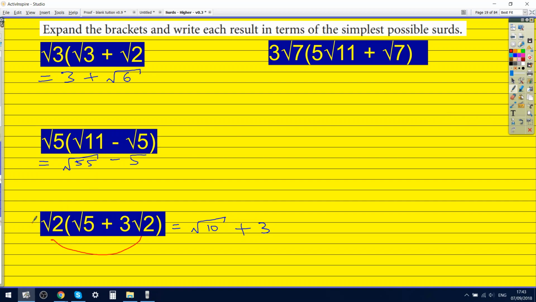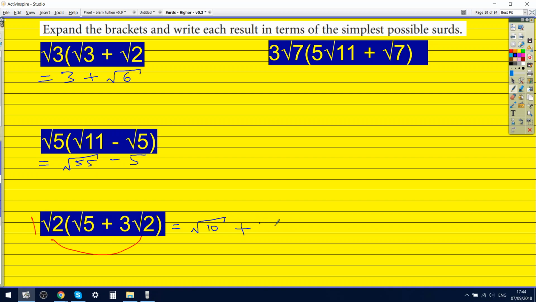Root 2 is the same as 1 root 2. That might help. 1 root 2 times 3 root 2. So root 2 times root 2 is just 2. Yep. And then we need to do 1 times 3, which is 3. That's it.